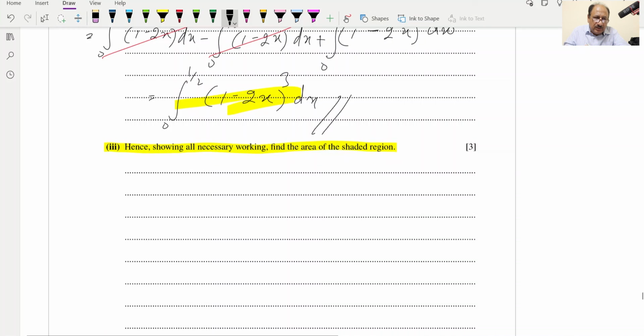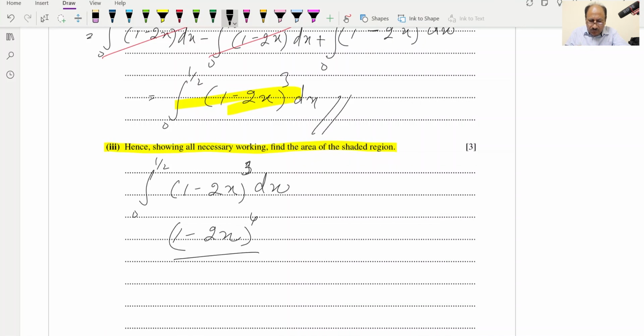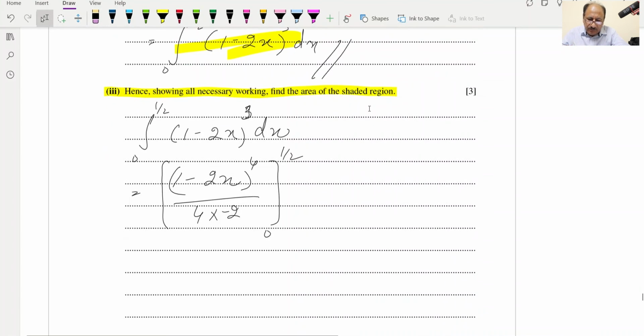We take the integral from 0 to 1 by 2 of (1 minus 2x) raised to 3 dx, so this will be (1 minus 2x) raised to the power 4 over 4, and the derivative of this part will be minus 2, so into minus 2, and we write the integral limits.